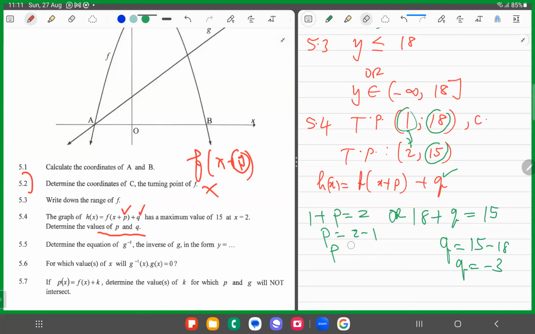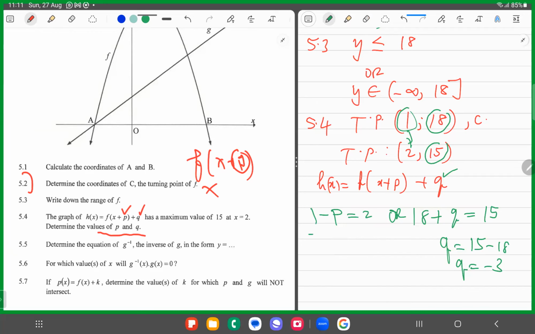Alternatively, a very solid way to do that is to say, if you add p to the x value, the result becomes 2. What did you subtract?